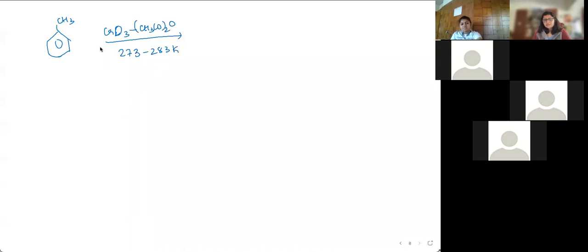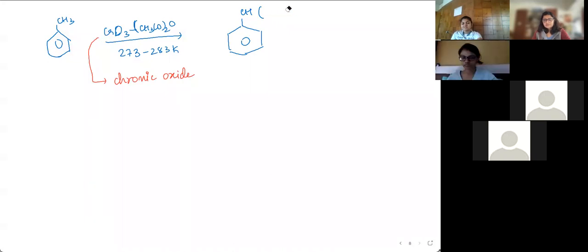Here this whole part gets substituted over here, giving CH(OCOCH3) taken twice, and this on acidic hydrolysis gives you benzaldehyde.